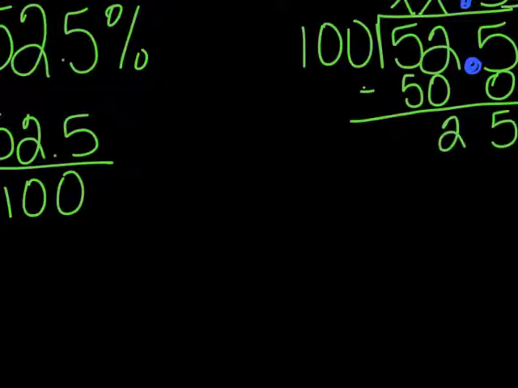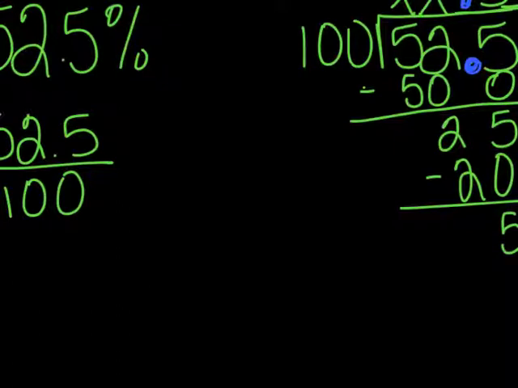And because I have a remainder and I normally want to go out at least 3 decimal points, I'm going to bring down a 0. I now have 250. 100 can go into 250 two times, and I will write down 200. I have a remainder of 50, and I'm going to do one more decimal place so I can have the thousandths place.